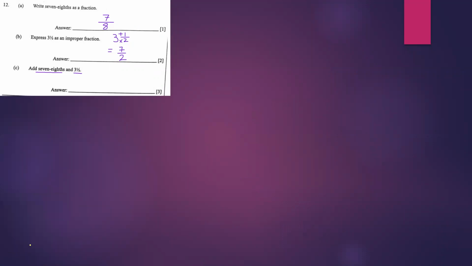So let's do it. 7/8 plus 3 and 1/2 is going to be equal to 7/8 plus 3 times 2 plus 1, which is 7/2.